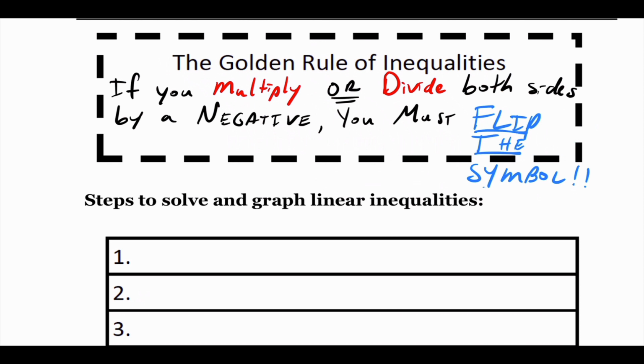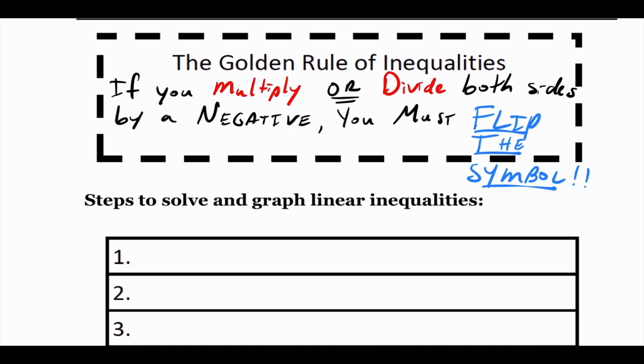Flip the symbol. If you multiply or divide both sides by a negative, you must flip the symbol. So the mouth is going to be facing the other way. We only do that when we multiply or divide both sides by a negative. We haven't had to do that before, but today we might.